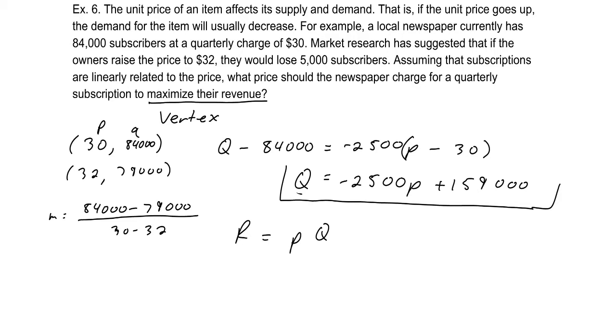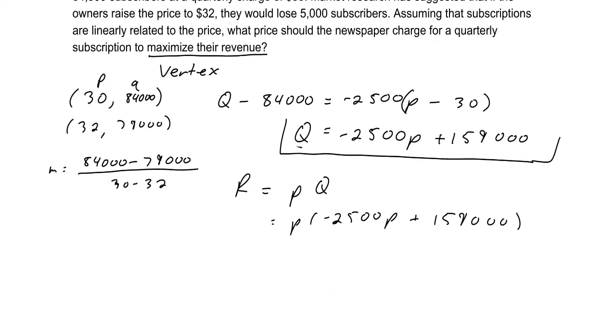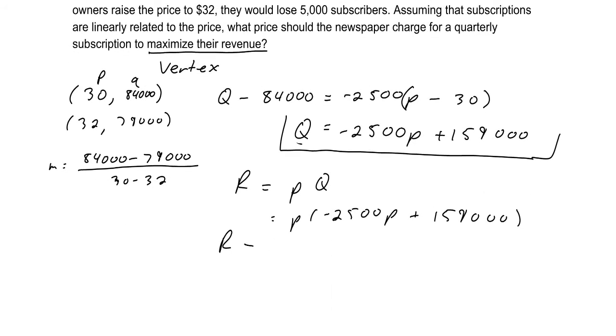So we can use P times, and our Q value is negative 2,500P plus 159,000. So that means our revenue function is negative 2,500P squared plus 159,000P.